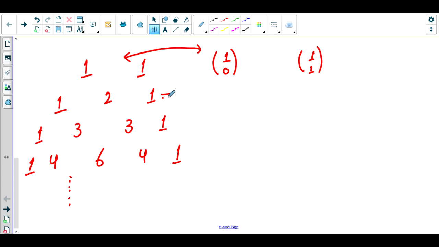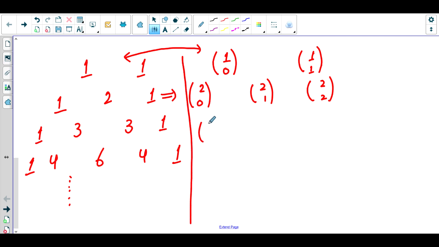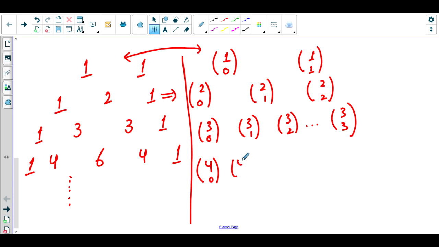The second row will give you the same answer: 2C0, 2C1, 2C2. The third row will be 3C0, 3C1, 3C2 and 3C3. The fourth row will be 4C0, 4C1, 4C2, 4C3, 4C4. So eventually these are combinations.